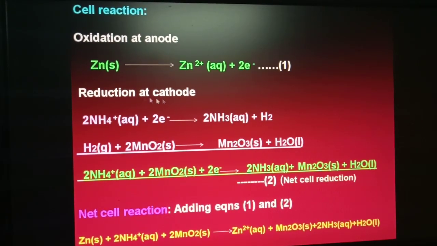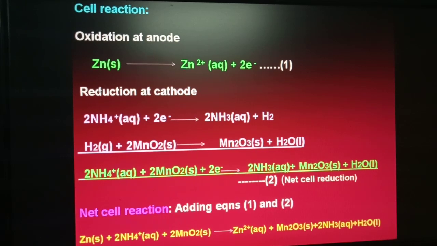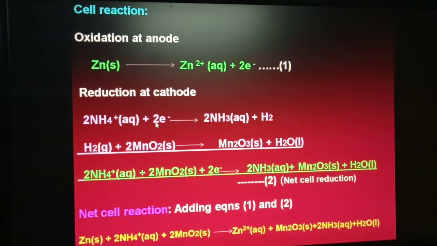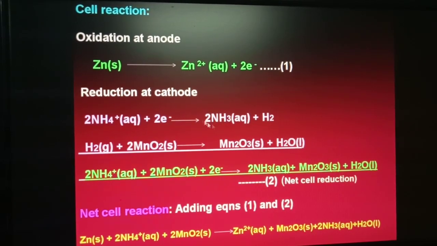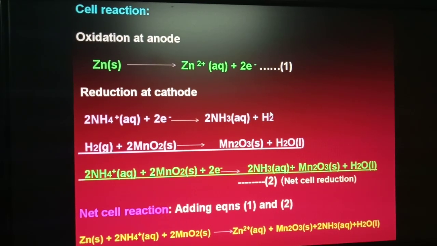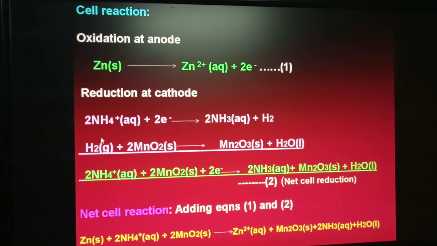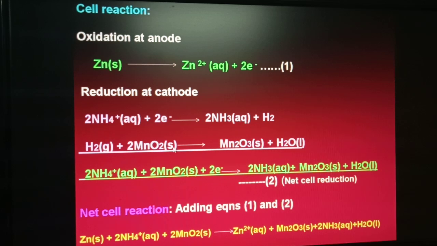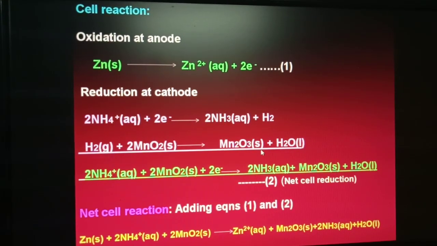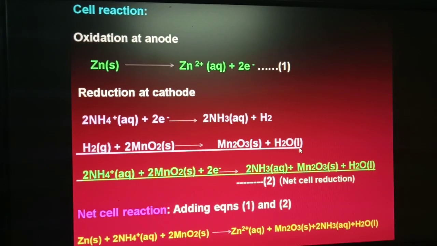Now, at cathode, the reduction reaction taking place is 2 NH4+ aqueous gaining the 2 electrons that are donated by the anode to give 2 NH3 aqueous plus hydrogen gas. Again the hydrogen gas combines with 2 MnO2 solid to give Mn2O3 solid plus water.